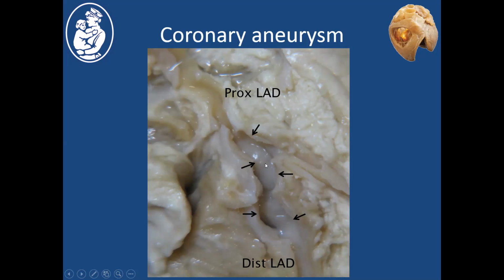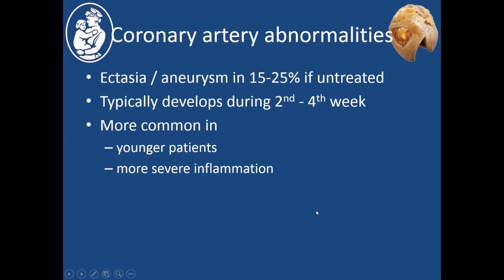This is the response that we see to dilatation of coronary arteries and the inflammatory process. So you can see this is not a normal vessel. It doesn't react and respond normally like the vessel up here. These are perforators. You can see these are septal perforators that are going down into the septum, and some of them are involved in this process as well.